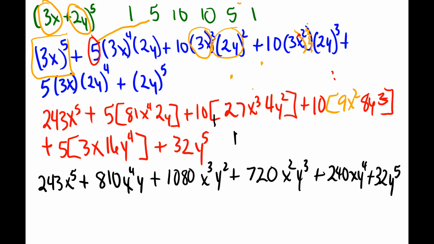And that is my answer. All this right here is the answer to 3x plus 2y raised to the fifth power. So if you get the gist of that, you can watch this again if you need to.